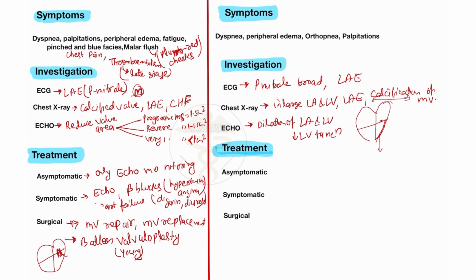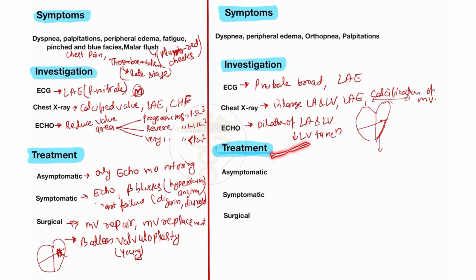So this is balloon valvotomy, but it occurs only in the young patient because the young patient has no problem, but in the old patient it causes destruction of the valves because it's a mature heart. Balloon valvotomy is only done in the young patient, not in the old patient or any aged patient.